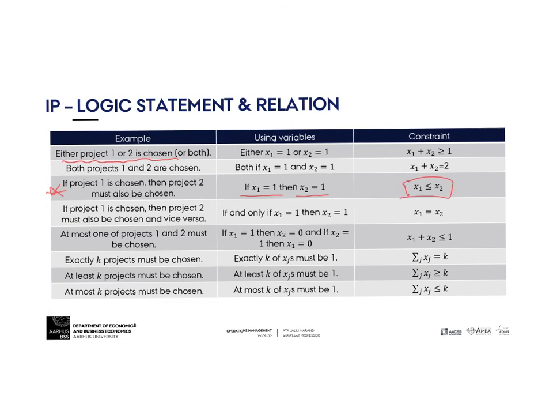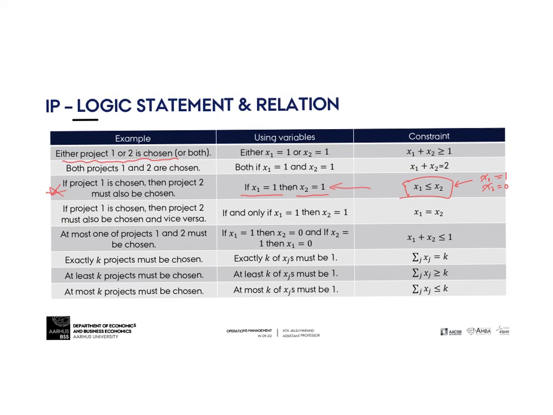You can verify this: if x1 equals 1, then this constraint makes sure x2 also equals 1. And if x1 equals 0, then x2 can be 1 or 0. This condition is the only result from this logic constraint.